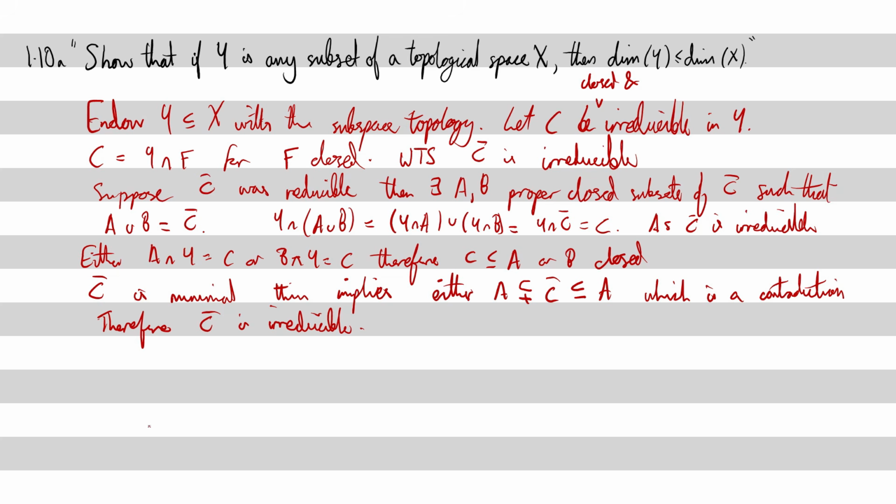Now we want to prove that if we have D, which is a subset and not equal to C, we want to show that the closure of D is a subset not equal to the closure of C. That is what we want to show.